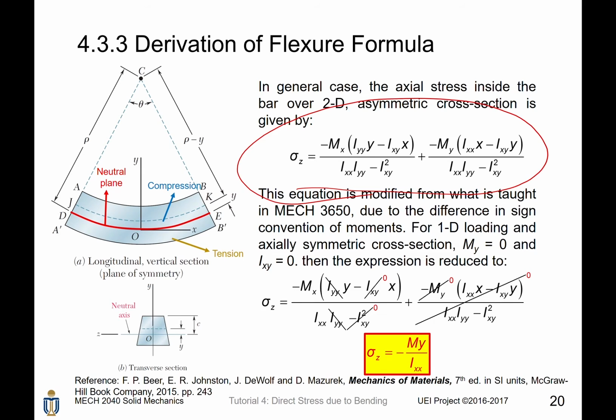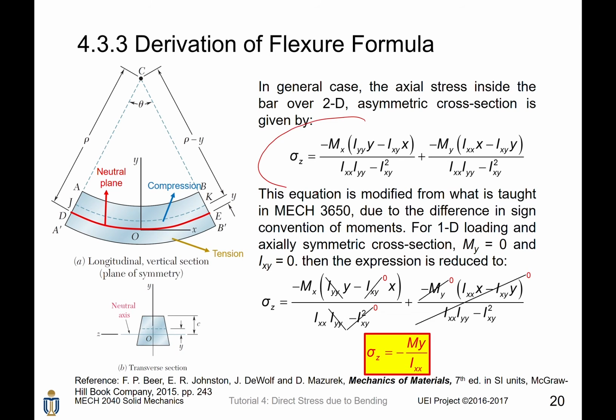It was taught in MECH 3650 Aircraft Structures. As you can see, if the cross-section is not axially symmetric, then Ixy is non-zero, then the whole expression will be rather complicated. Therefore, we require the cross-section to be axially symmetric.